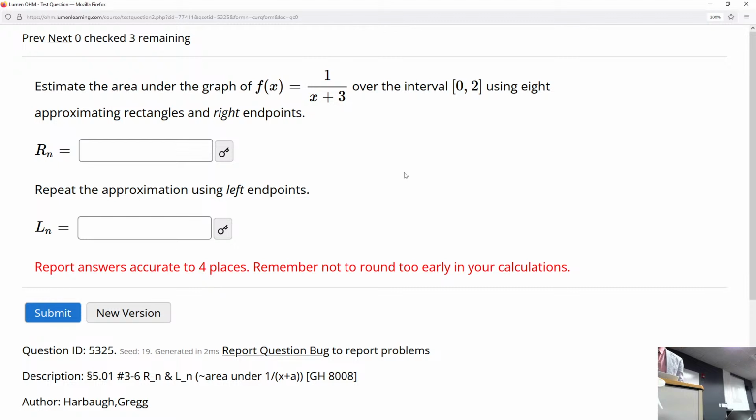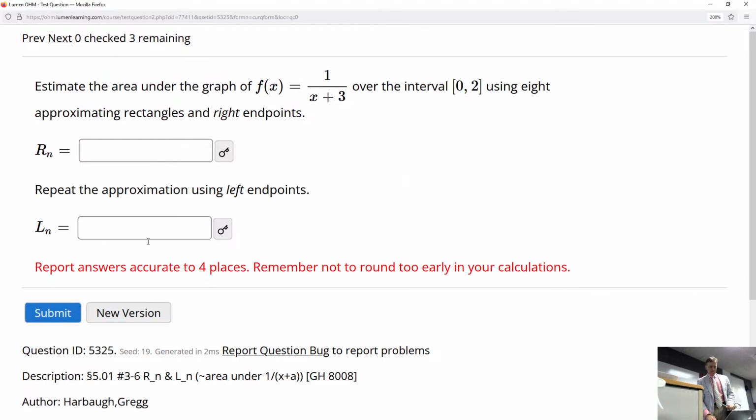What that is referring to is you can sketch this graph between 0 and 2, and then divide that up. It'll be 0.25 for each one. So they're going to be really skinny rectangles. We've had fatter rectangles, but you're going to approximate the area underneath that curve.